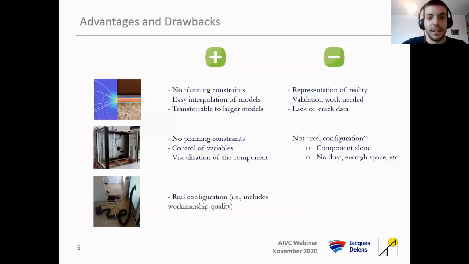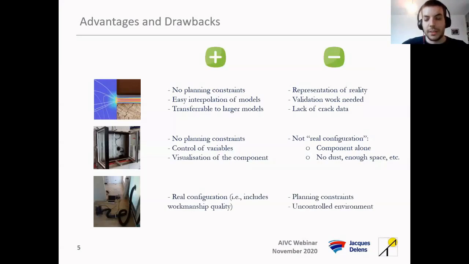For in-situ testing, the main advantage is obviously the fact that it's in real configuration, so it includes the uncertainty that can come from workmanship or supervision quality, and we know that these factors are very, very important in the context of airtightness performance of building components.